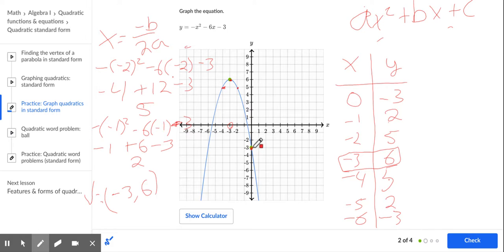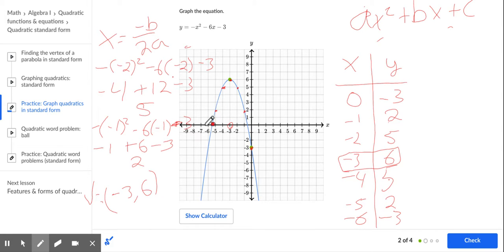So I have 0, -3. I have -1, 2 is right here. So -1, 2. -2 and 5. So -2, 5. -3, 6. -4 and 5. -5 and 2.